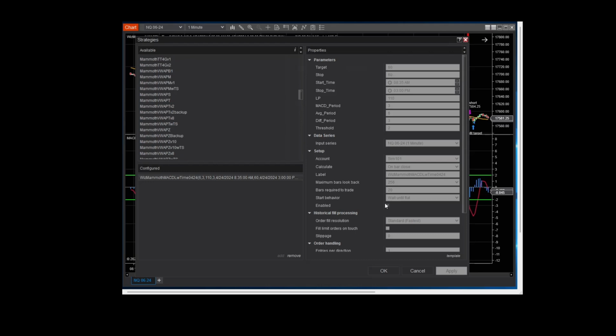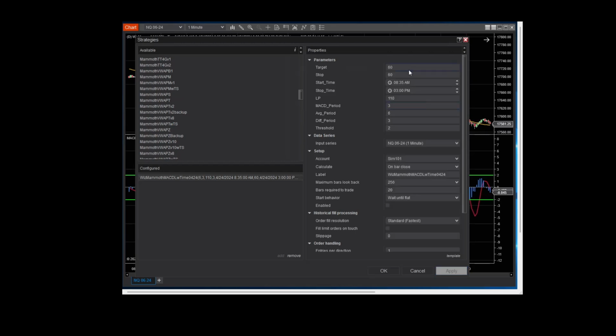The best way to actually scalp is to have a one-to-one risk and reward ratio. If you want something better, it really depends on the instrument, the time, and the strategy. For this strategy, the initial setup that you can try is target 60, stop 60.